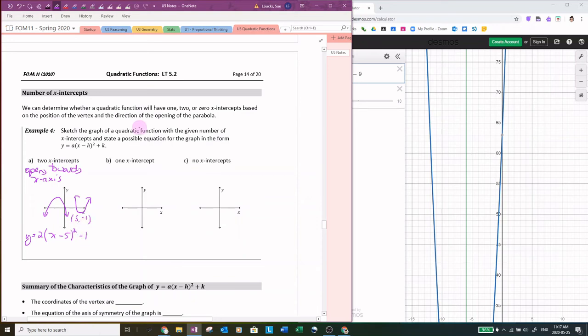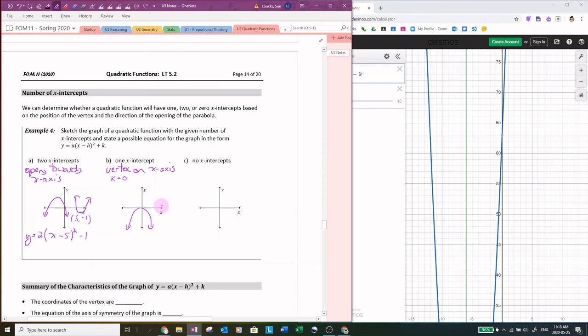All right. To have one x-intercept, the vertex has to be on the x-axis. And that means that the k value is 0. So let me do this one here.